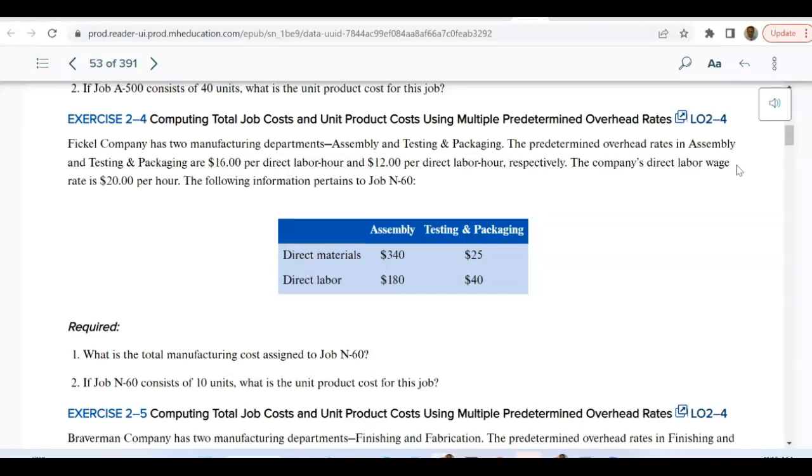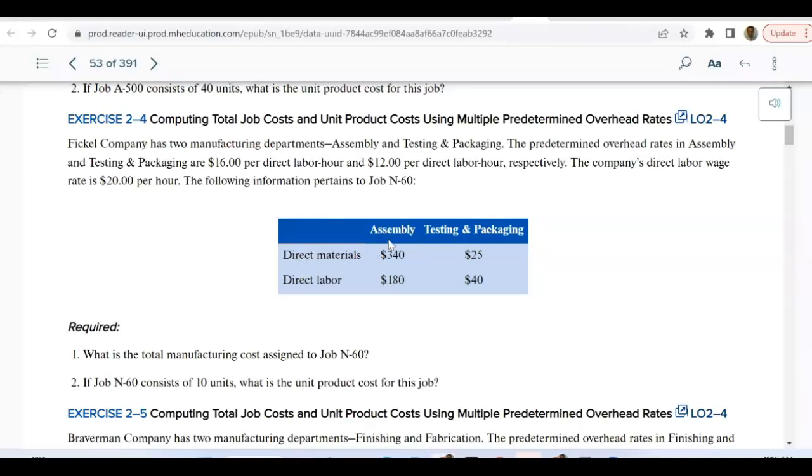So $16 in assembly and $12 in testing and packaging per direct labor hour. The company's direct labor wage rate is $20 per hour. The following information pertains to job number N60.